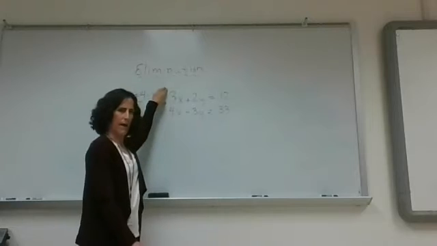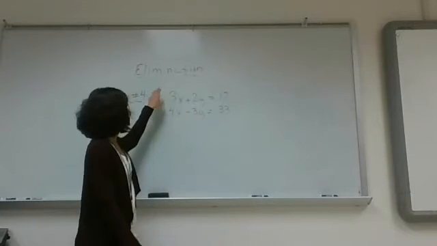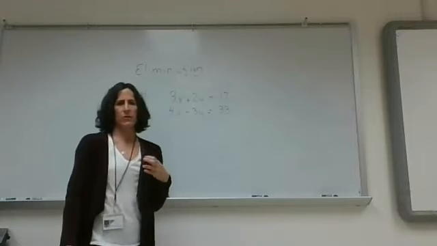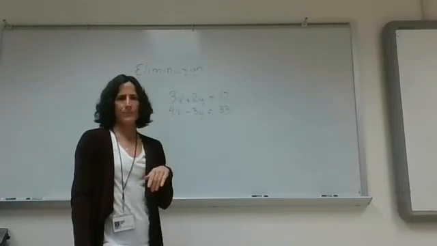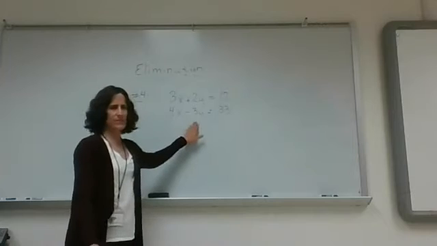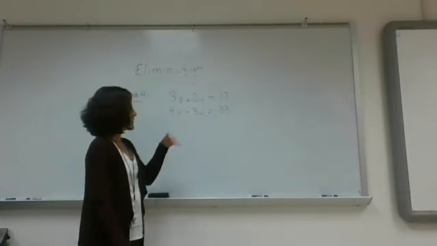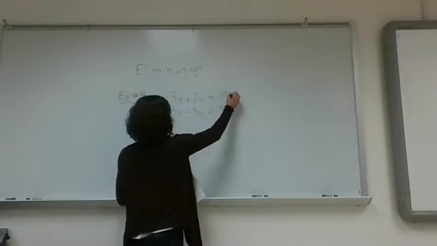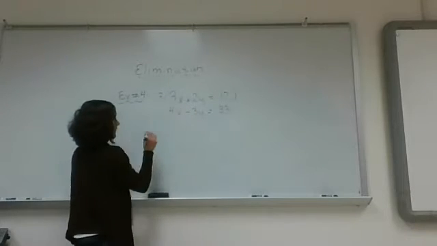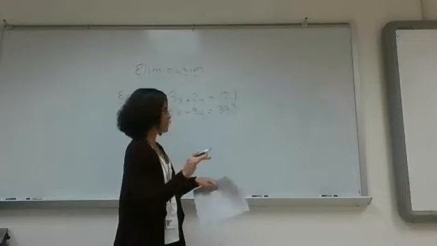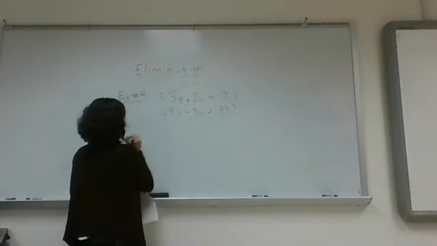I want to multiply the top equation by a number and the bottom equation by a number so I get the same coefficient in front of the y. I want 6y here and negative 6y in the second equation. To do that, I'm going to multiply the entire first equation by 3, and the entire second equation, everything, by 2.